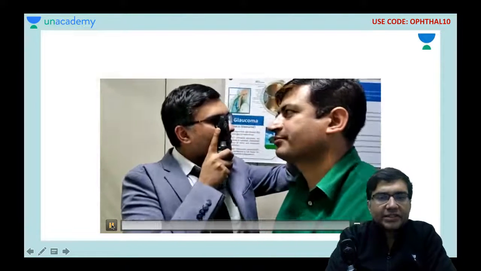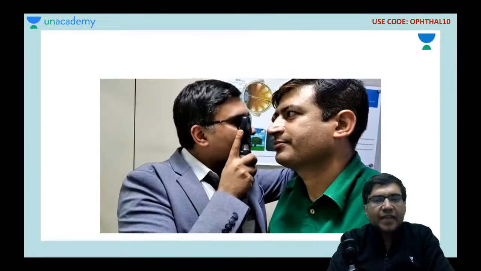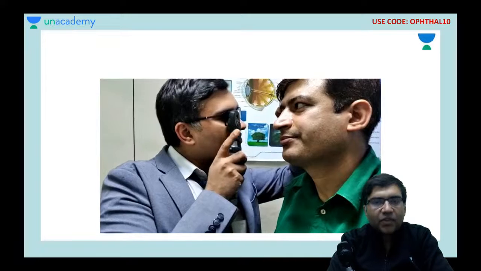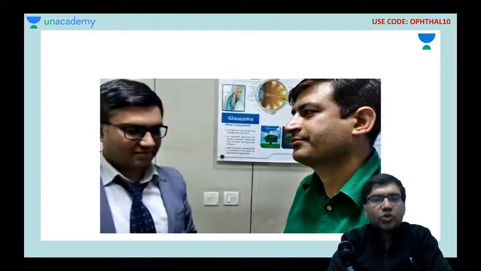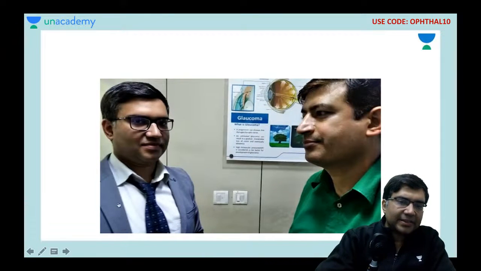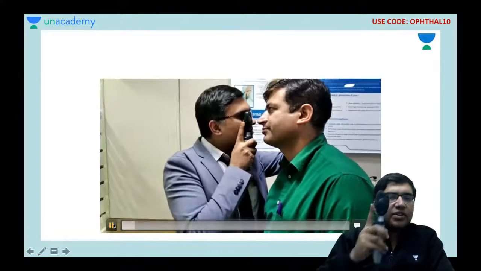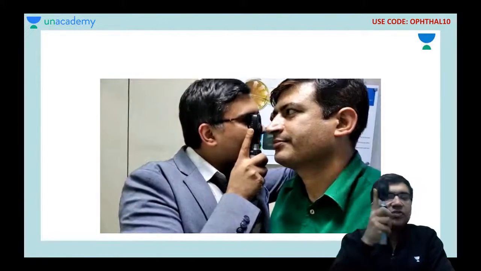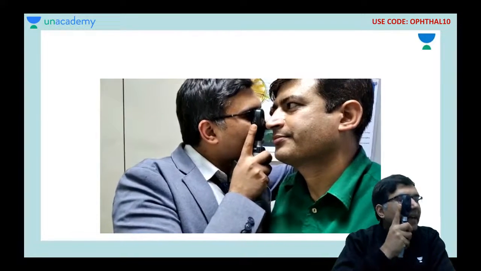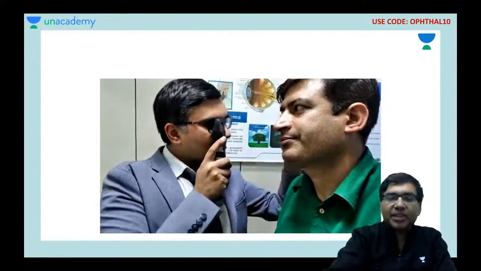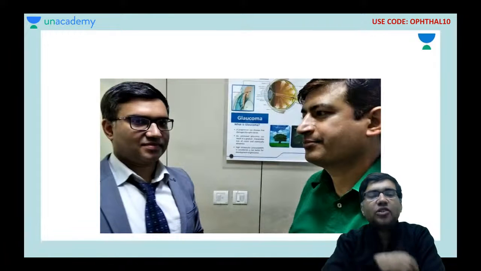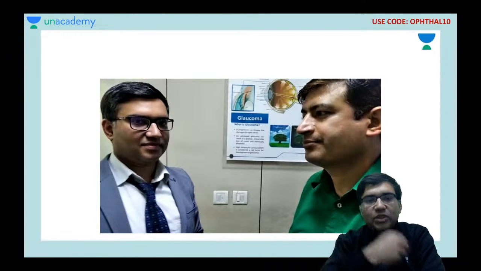First I am at 23 centimeters, doing a distant direct ophthalmoscopy. From that I am coming close to the patient. See it once again. With the right hand I am holding the ophthalmoscope in front of my right eye and seeing the right eye of the patient, first at a distance of 23 centimeters, and then going very near to the patient.